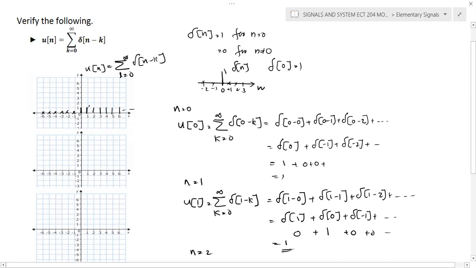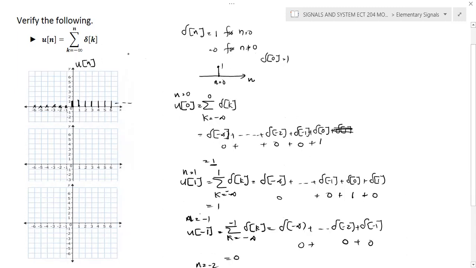So I can express the step signal in terms of del of n. Similarly, another expression we already discussed, the step signal can be expressed as sigma k equal to minus infinity to infinity del of k. So I can express the step signal in terms of impulse.